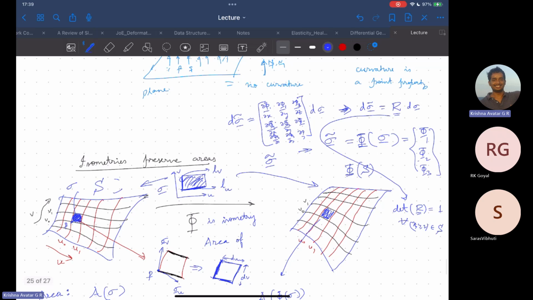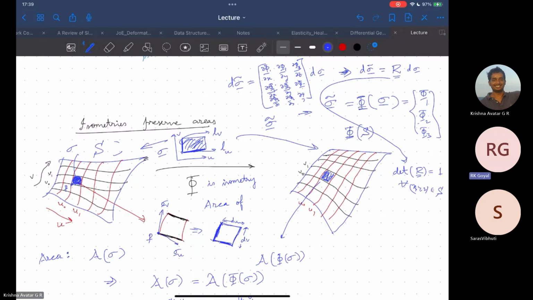I hope you are getting my point here. Yes, I'm understanding it. Right, so this is how we define the mapping.